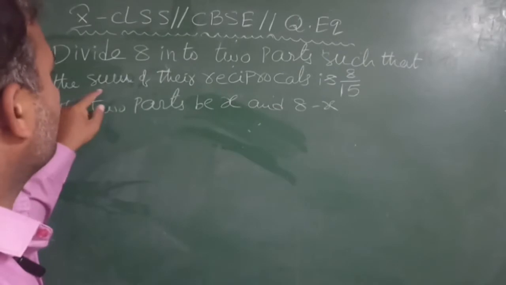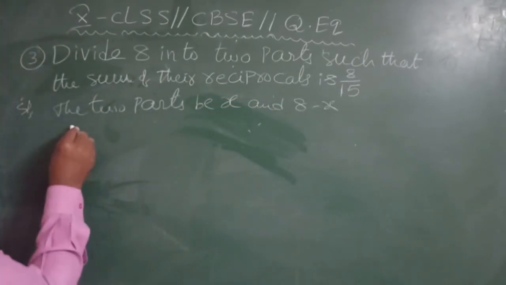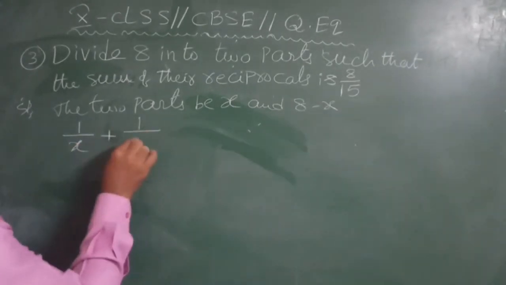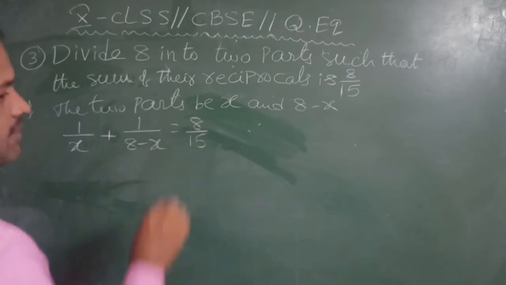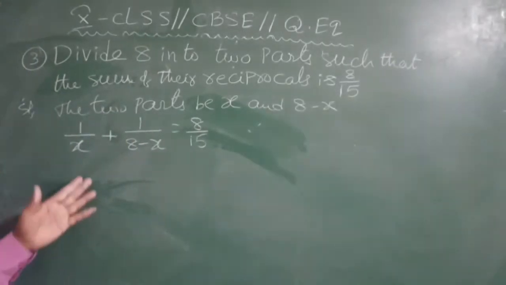According to the problem, the sum of the reciprocals equals 8 by 15, so 1 by x plus 1 by 8 minus x is equal to 8 by 15.